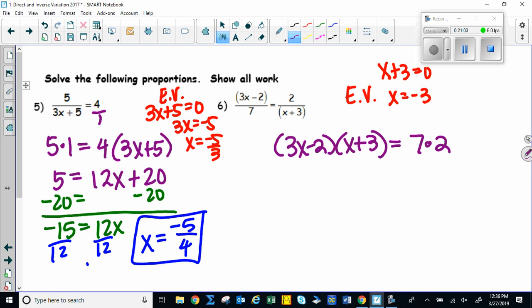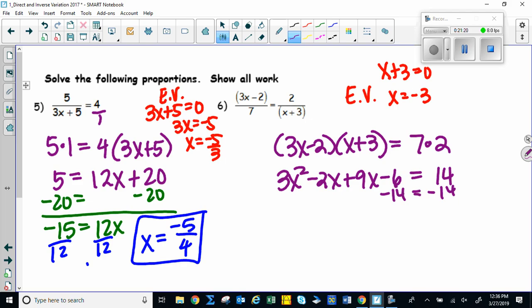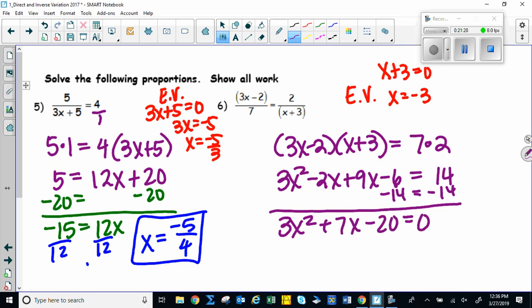I'm going to FOIL this. 3x squared minus 2x plus 9x minus 6, and this will equal 14. I need to set this equal to 0, so I'm going to subtract 14 from both sides. So I have 3x squared plus 7x minus 20 equals 0.